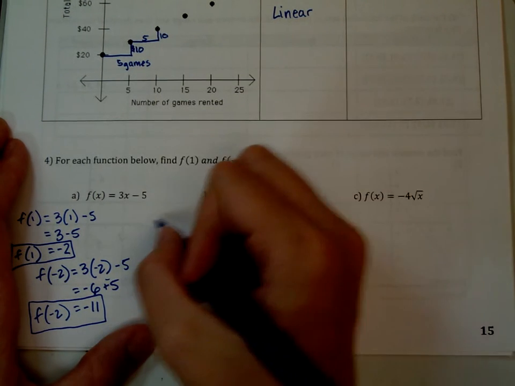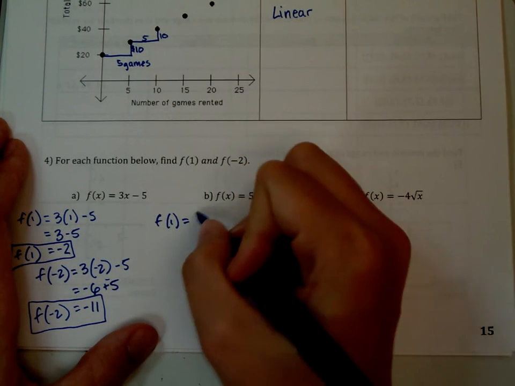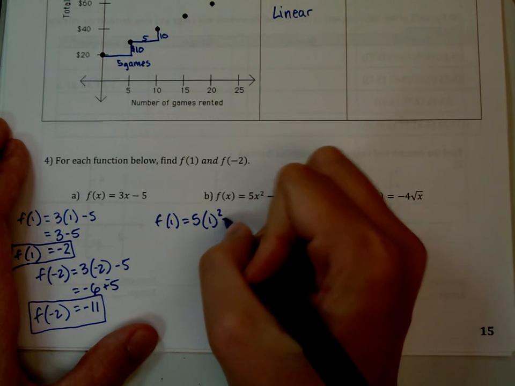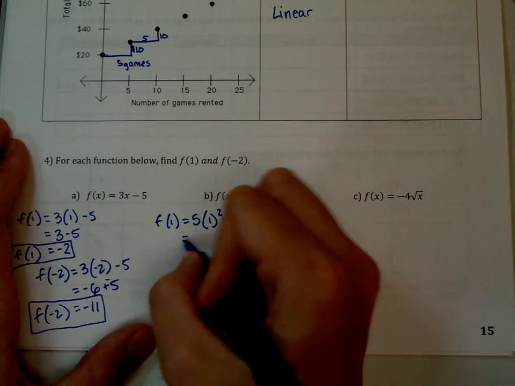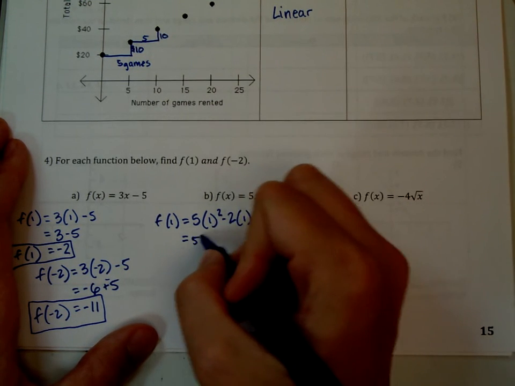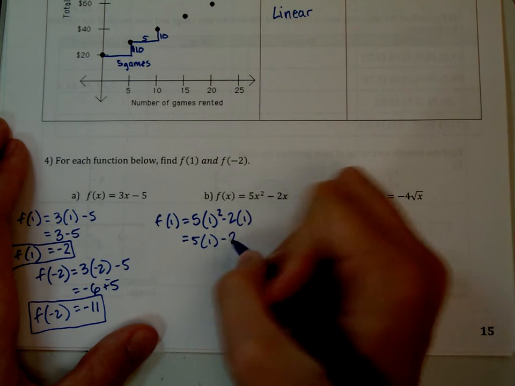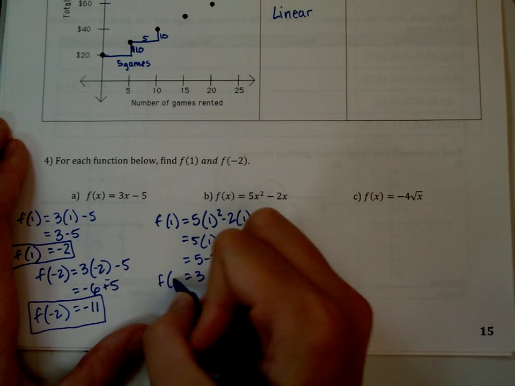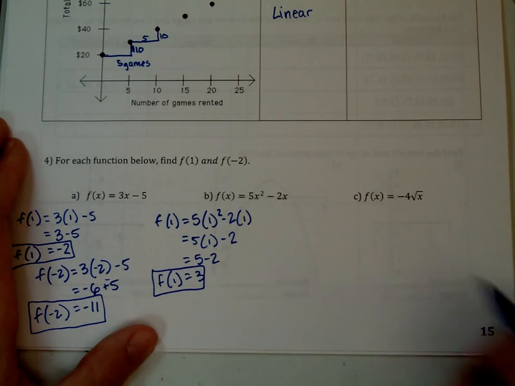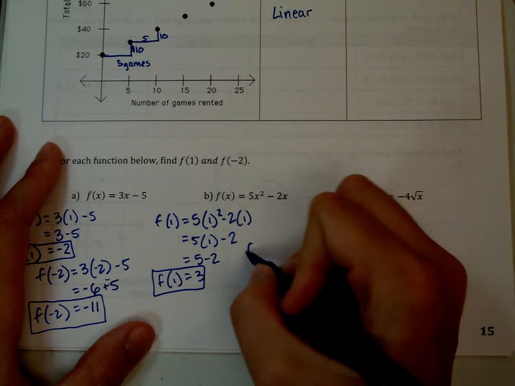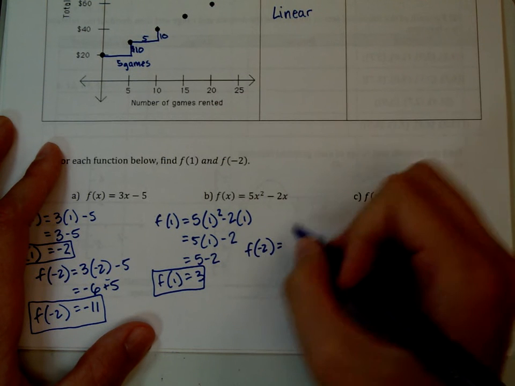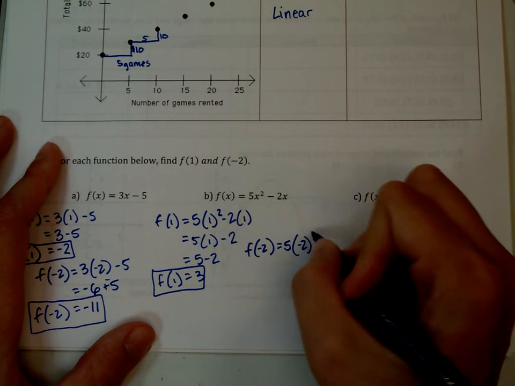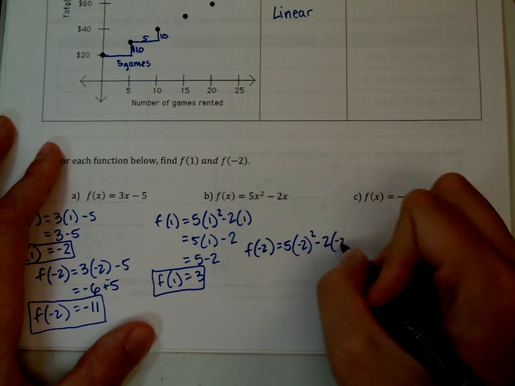For the second function, f of 1 equals 5 times 1 squared minus 2 times 1. 1 squared is just 1, so 5 times 1 minus 2, which is 5 minus 2, which is 3. So f of 1 equals 3. f of -2 equals 5 times -2 squared minus 2 times -2.